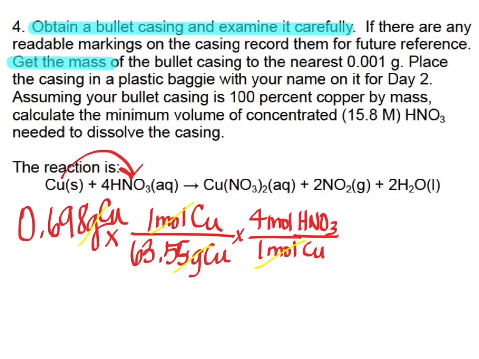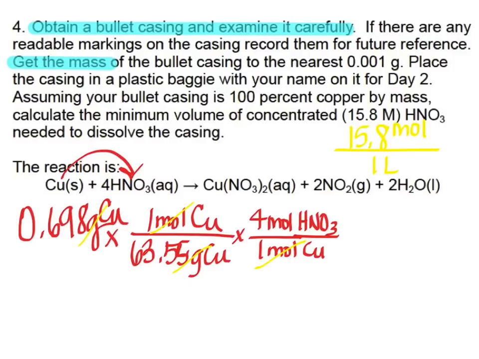So this is 15.8 moles per 1 liter. Everybody understand that? Now I'm going to throw that into my stoich, my dimensional analysis right here. I'm in moles, and I need to get to liters because my nitric acid is a liquid. So I'm going to use liters.